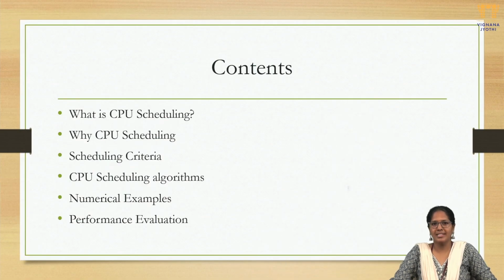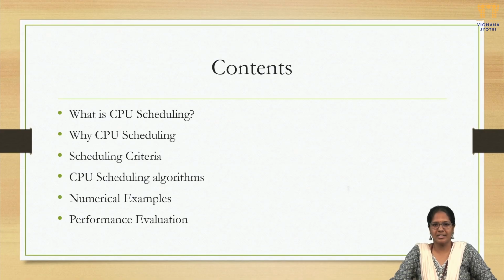Before we begin, let's take a quick look at the topics we'll cover in this session. We'll start by understanding what CPU scheduling is, and why it is an essential function of the operating system. Next, we'll discuss the scheduling criteria that are used to evaluate the performance of different scheduling algorithms. We'll also look at the major CPU scheduling algorithms, understand how each algorithm works, and compare their characteristics.